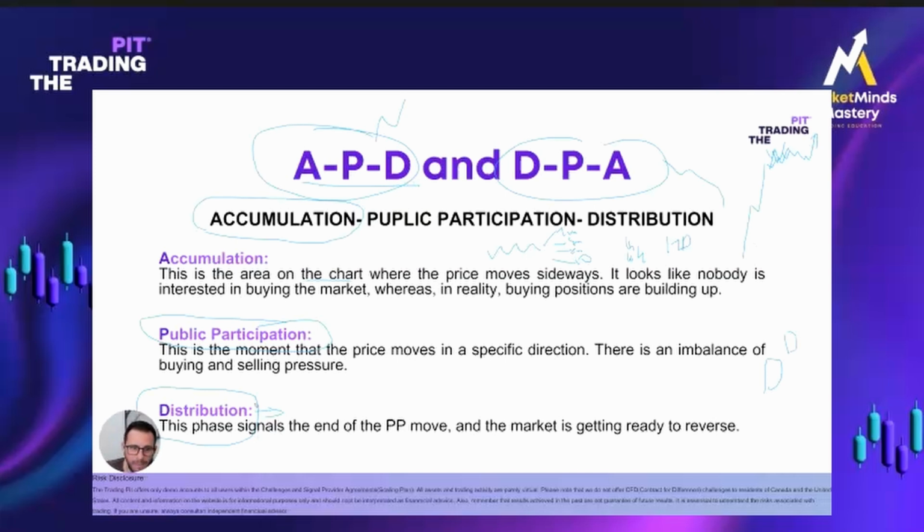Or in many occasions, after the distribution, we go back to the selling phase, and we go opposite. Then it's a distribution, then a public participation, and then the price starts to accumulate again to move upwards.